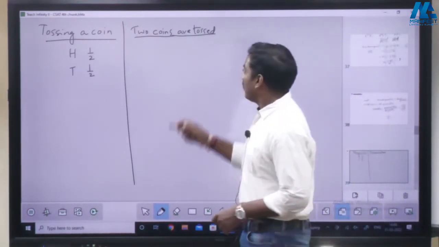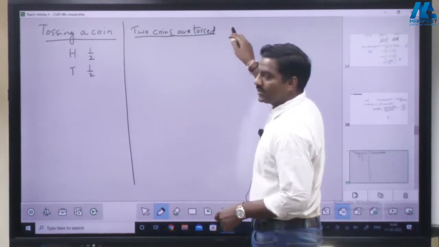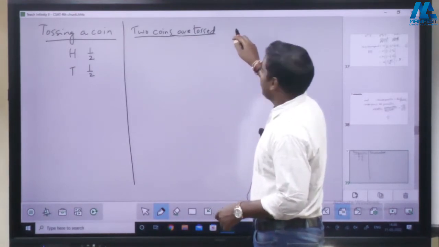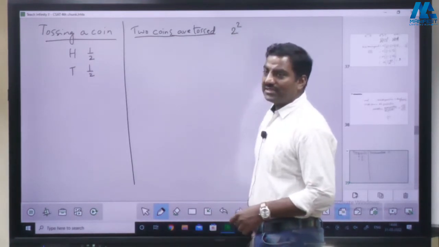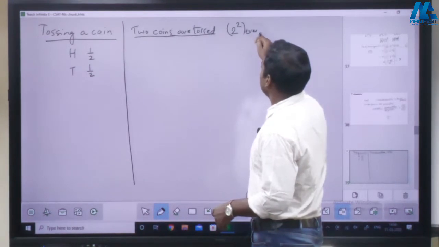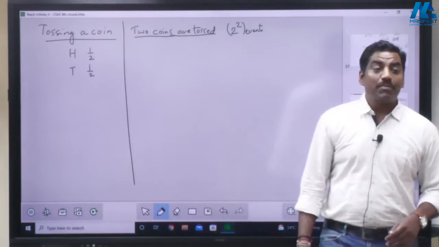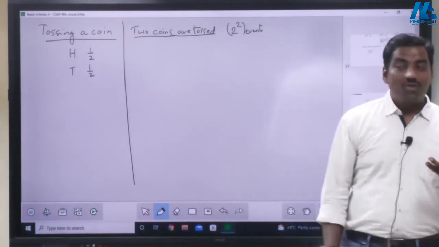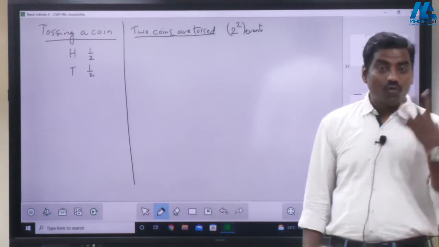Okay, here we are tossing two coins. So usually we get the number of events as 2 to the power of 2 events. That means sample size is 4. When you toss two coins, the possibilities are 4.